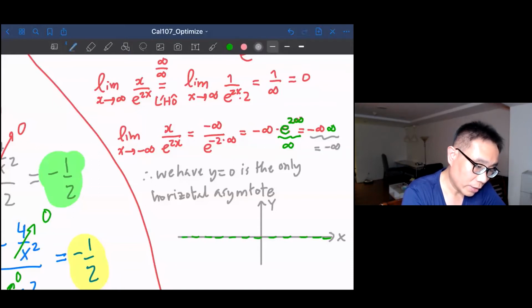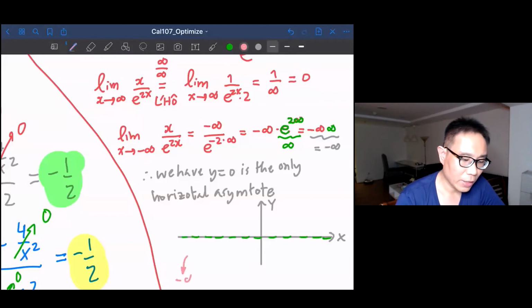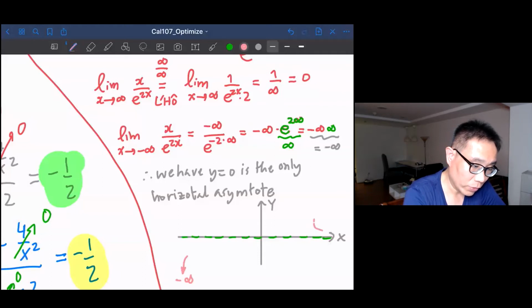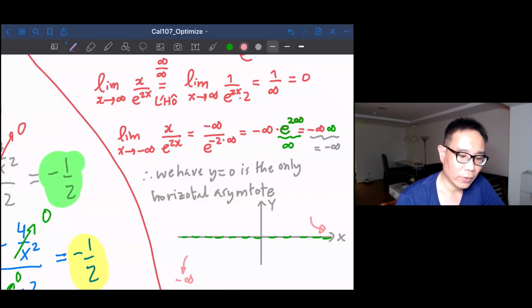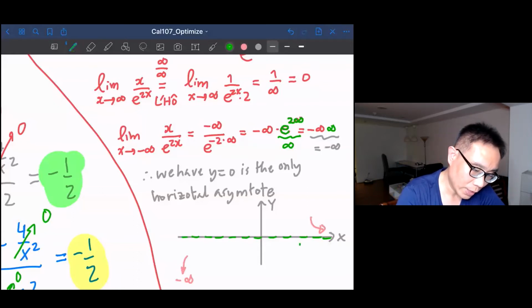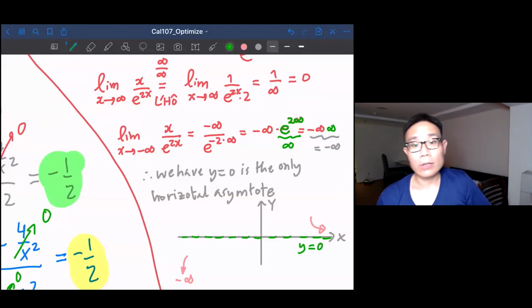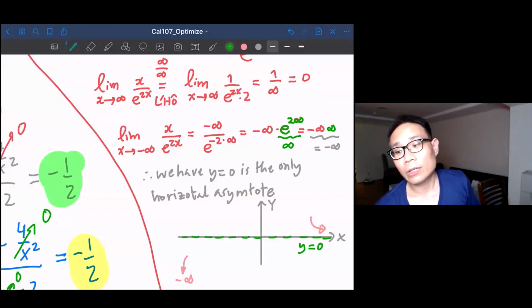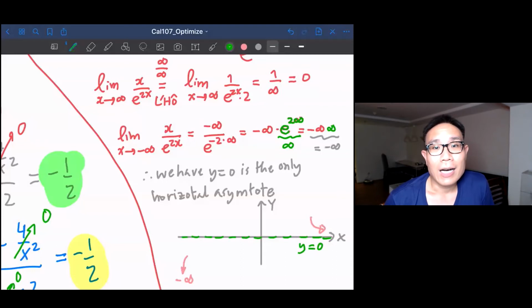And for this side, it's going to go to 0. So the picture turned out to be this one, and y equal to 0 is playing the role of the horizontal asymptote.